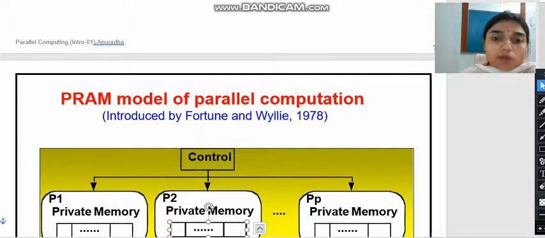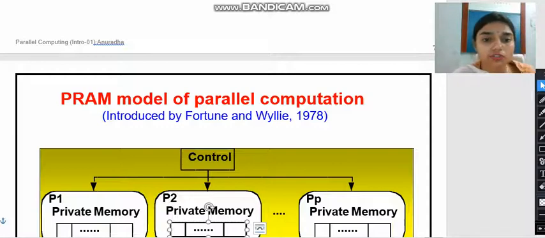It was introduced by Fortune and Wyllie in the year 1978, and PRAM stands for parallel random access machine. Here we have a control unit and a global memory. Let's see the full diagram, then we will get to know.